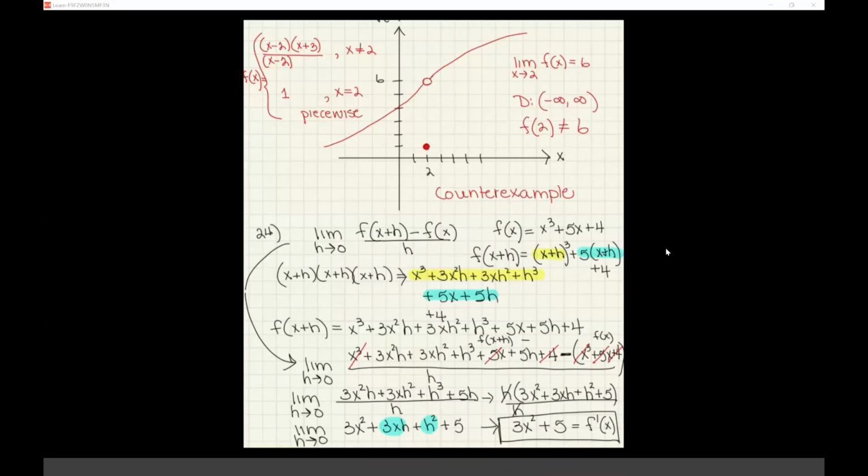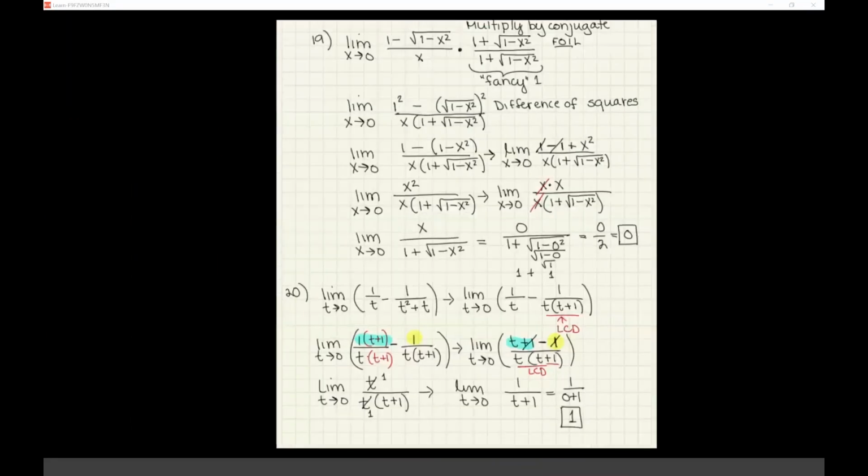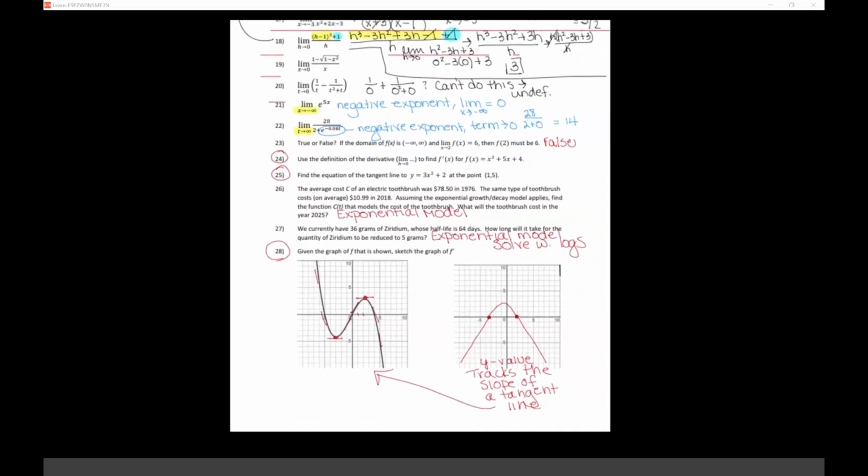Now, unfortunately, it looks like I'm already over time. So let me go back to here. Again, the only problem I didn't get to was 25. So you're going to have to look at 25 in the notes, but I'll talk to you about the strategy.